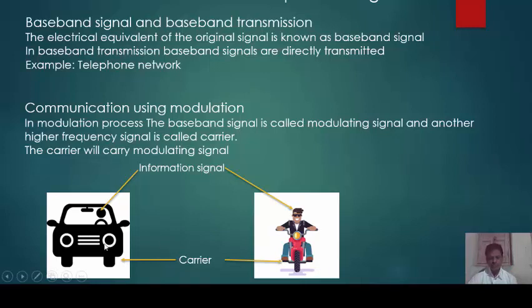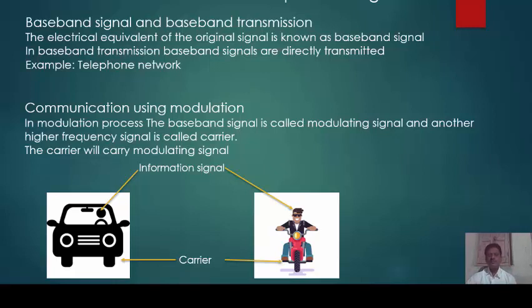So these carriers can carry the information, or the person, from one place to another place, and the same process is used in the communication system, known as the modulation process. So this is actually modulation. In modulation, we are changing the baseband signal into a high frequency signal. We will discuss the modulation process in detail in the next session.